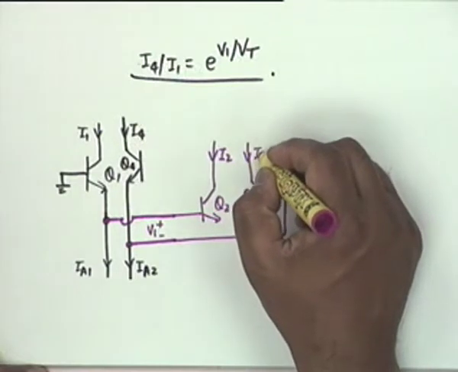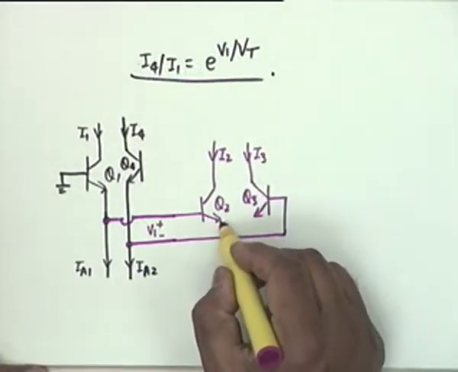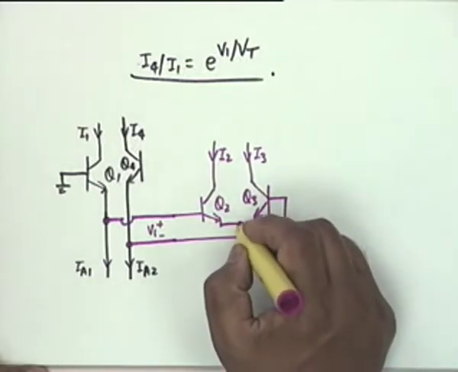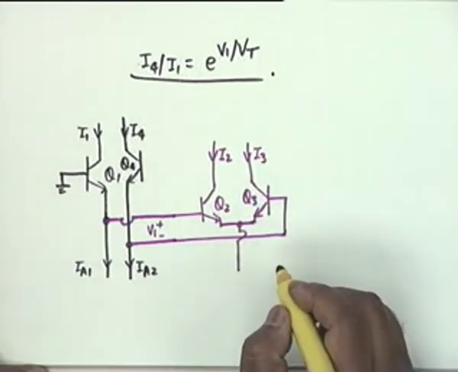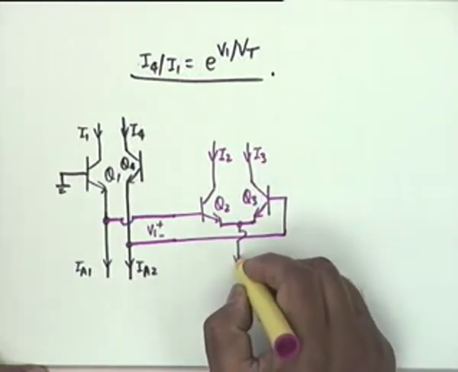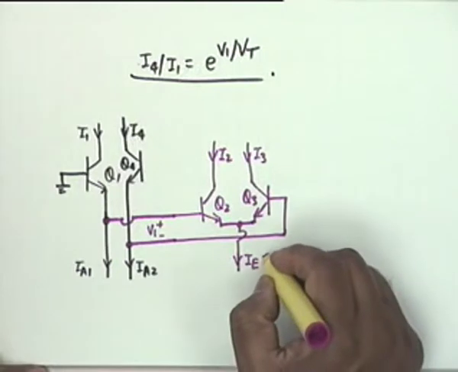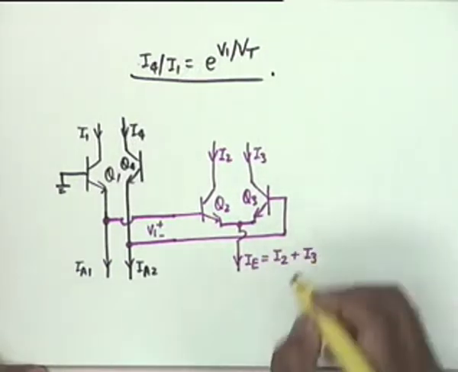This current is I3 and the common emitter, the emitters connected together, they are connected to a current generator of value I sub E. I will not show the current generator, I don't want to complicate this circuit, but obviously I sub E would be equal to I2 plus I3.